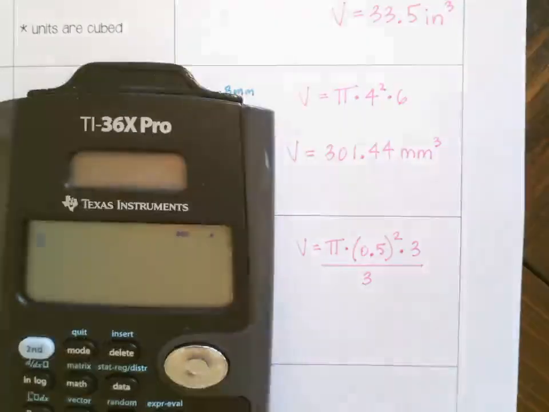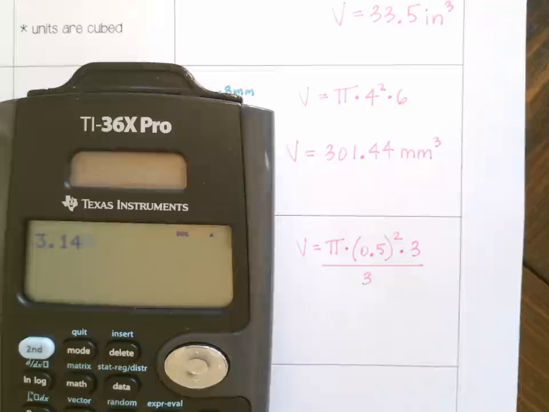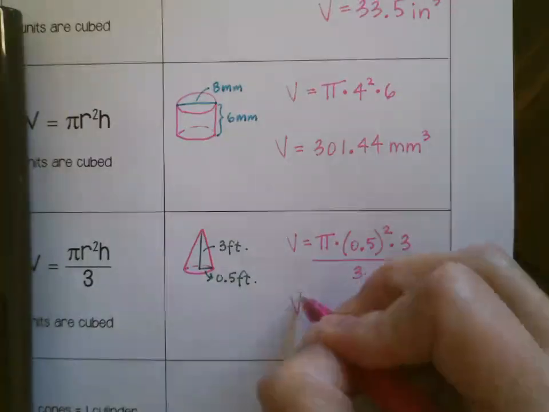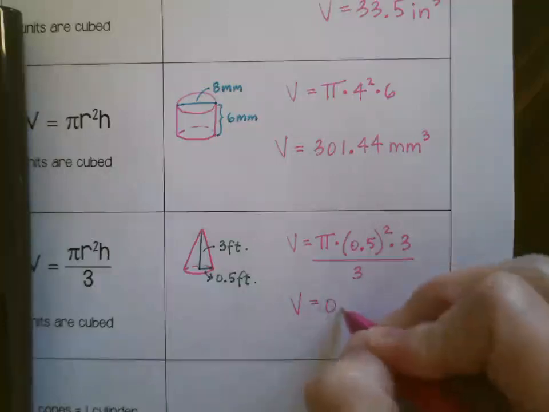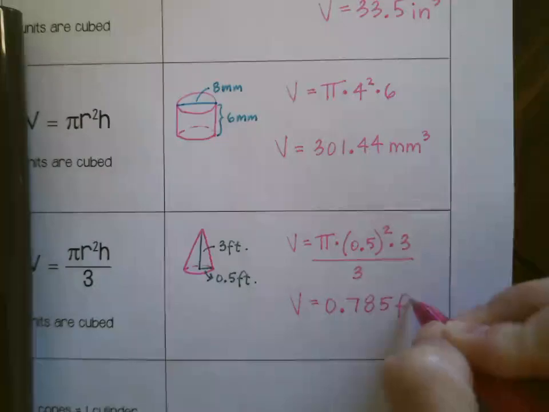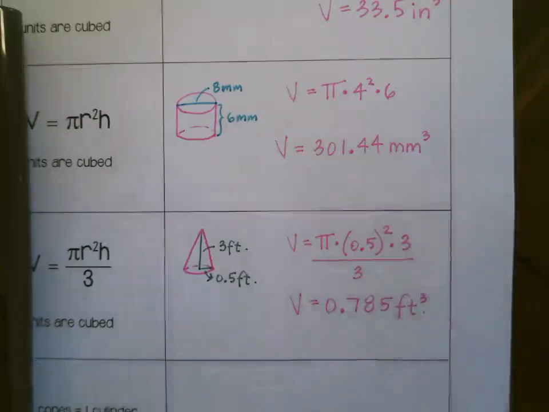All right, so here we go. 3.14 times 0.5 times 0.5 times 3, and then divide our answer by 3, and we get 0.785. So the volume of this cone is 0.785 feet cubed.